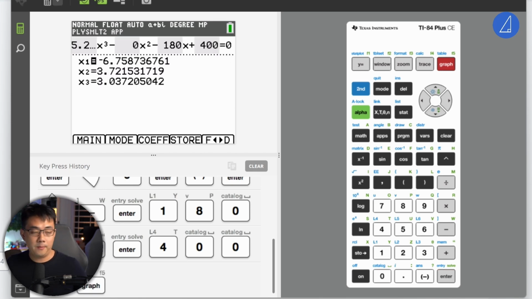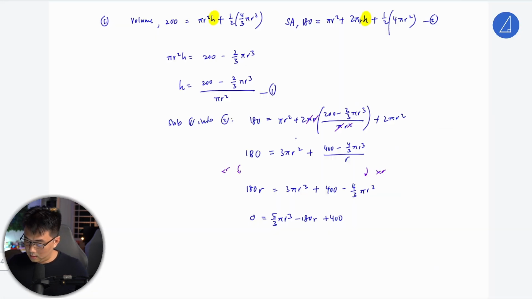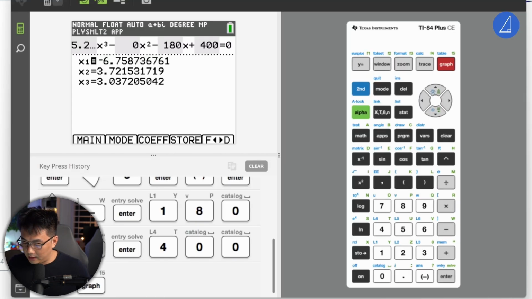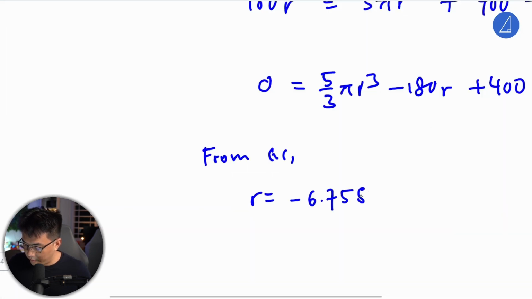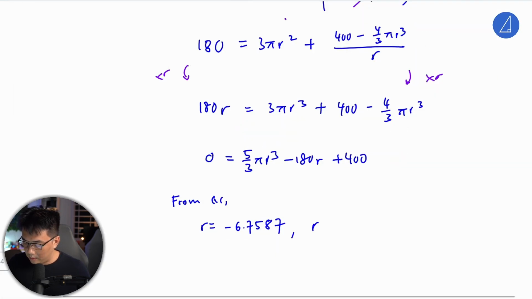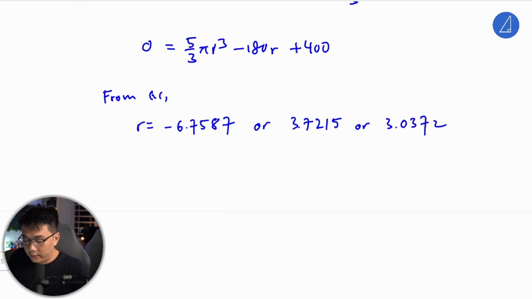We'll get from the GC, r is equal to, because it didn't ask for exact, negative 6.7587, 3.7215, 3.0372. So these are the 3 roots. Obviously you reject the negative one.